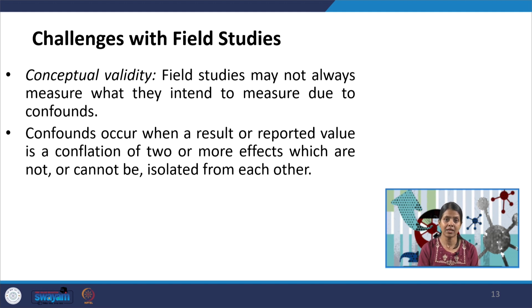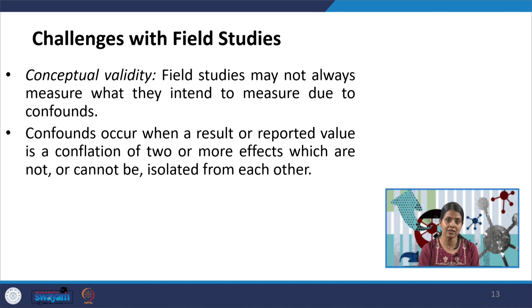It is possible that they do not get food in their hostel mess before coming for the class, or there is too much of a crowd, and so on. So, there could be a large number of factors that impact the behavior of a particular individual or a group of individuals. Now, confounds are all of them acting together; how do you separate them out if you try to focus on one particular aspect?